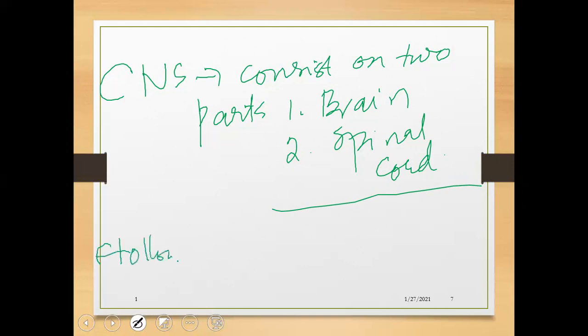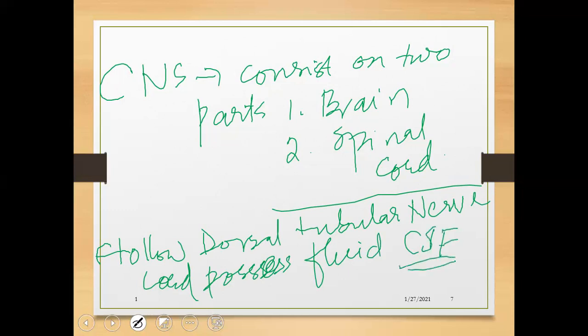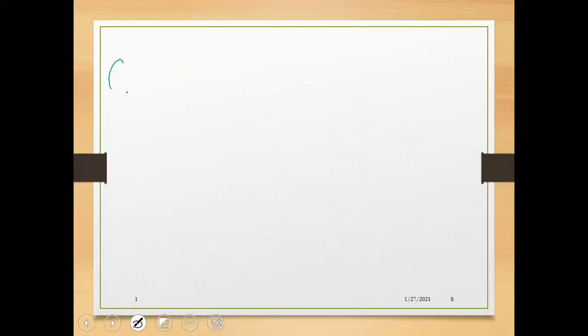The hollow dorsal tubular nerve cord possesses a fluid known as CSF, cerebrospinal fluid.